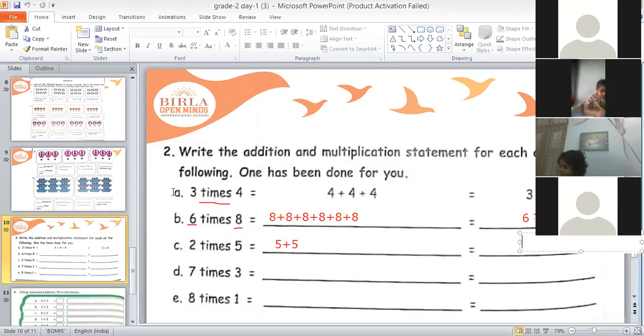Krishika, tell me the answer for the third bit, the multiplication sentence. 2 into 5. Very good. So we'll write here 2 into 5. That's correct. Or you can say 2 multiply 5. That's correct.